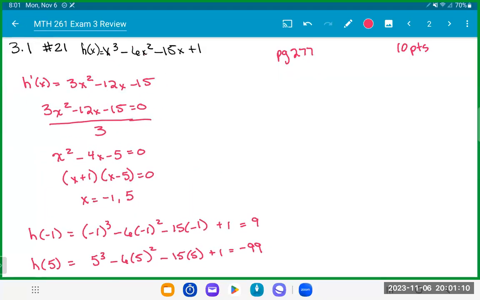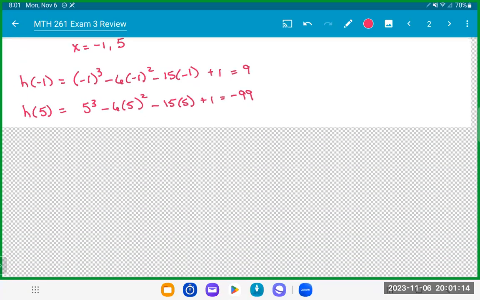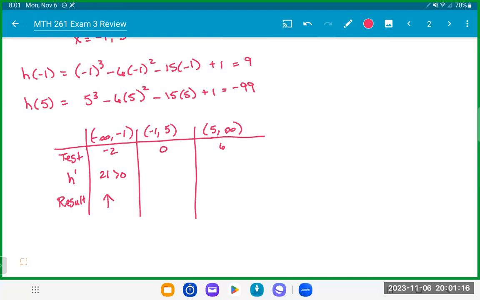So we're looking at plugging it into this equation here. When we plug the 0 into that, we end up with -15, which is less than 0. So we are decreasing. And then lastly, when we look at the value of 6, we get 21, which is greater than 0. So in this place, we're increasing.